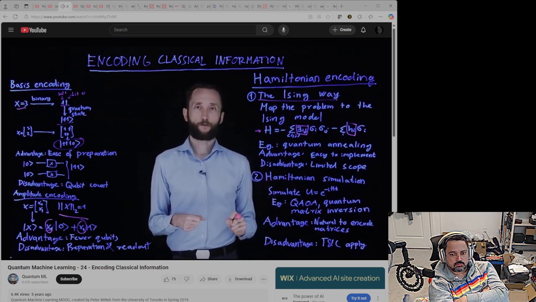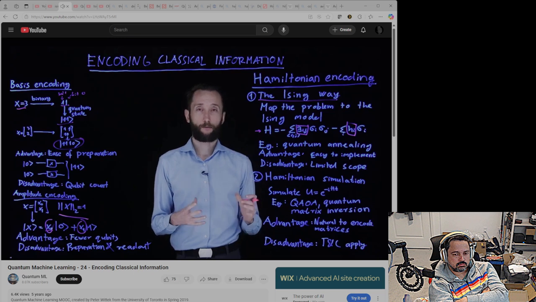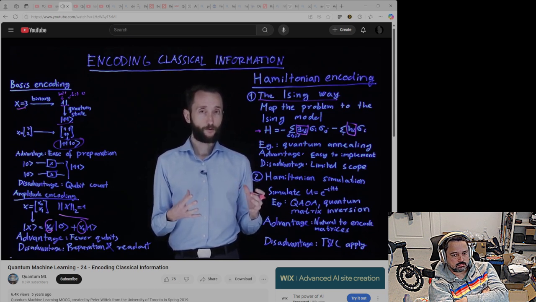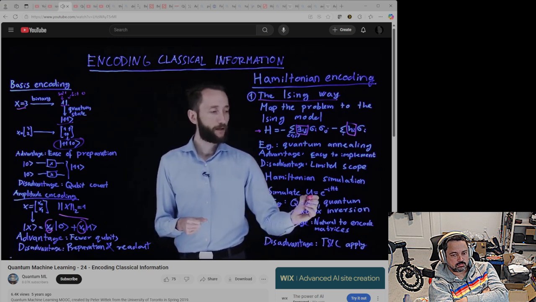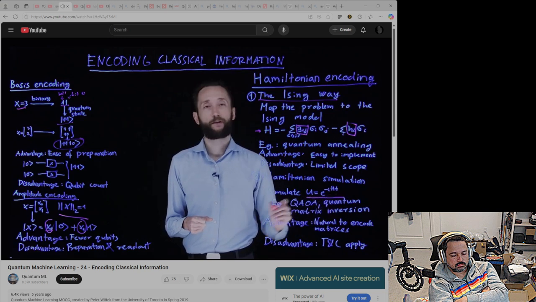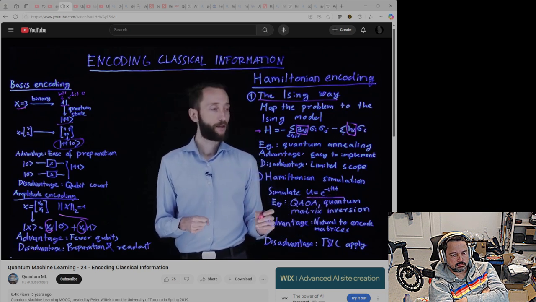Then the second way of doing Hamiltonian encoding is by doing Hamiltonian simulation. Now, this simulation is a bit misleading because this is not a simulation on a classical digital computer. This is a quantum computer simulating a quantum system. So what you are doing is actually trying to implement this unitary on a quantum computer.